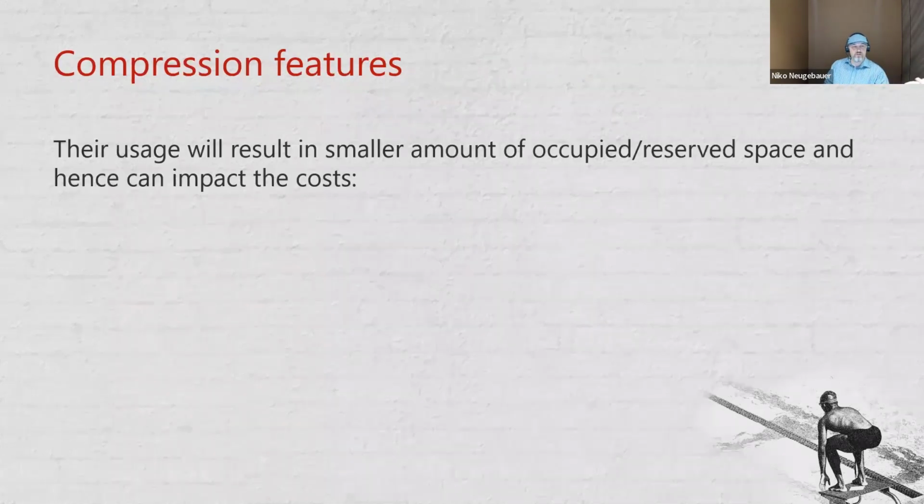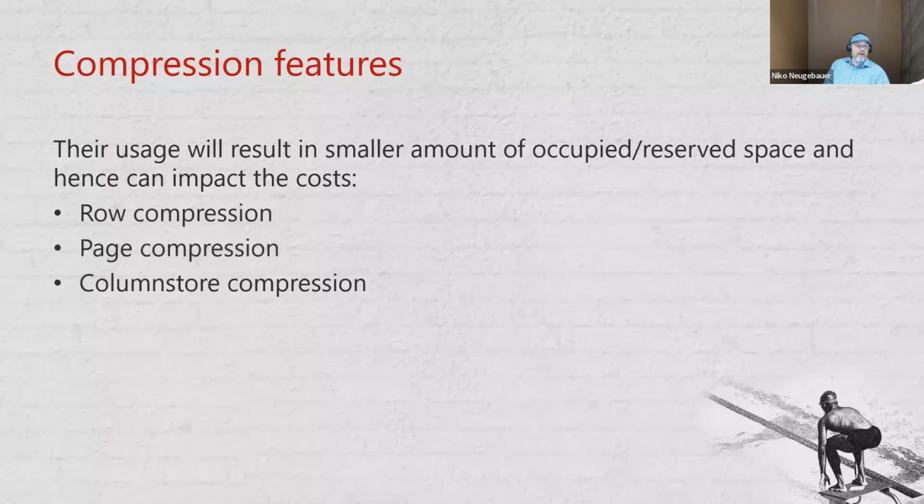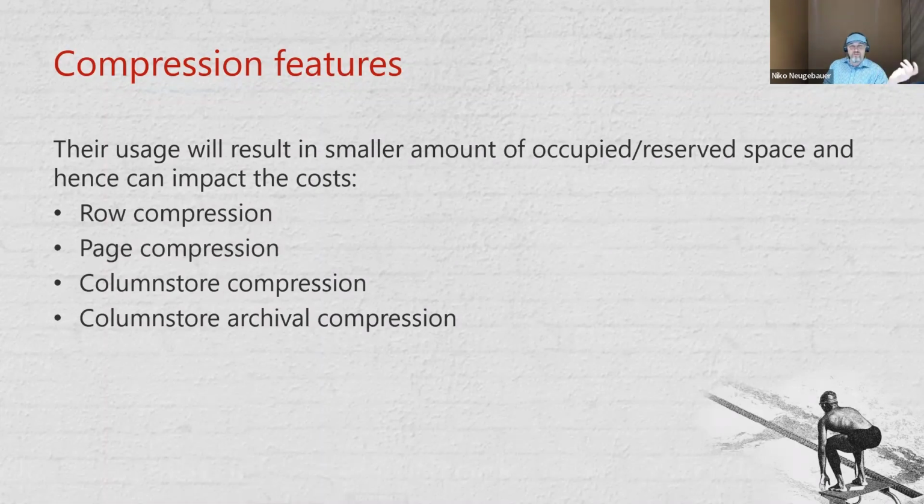So compression features. Use row, page, columnstore archival compression, because you can compress your data. It will be more efficient, more performant, right? Because reading from disk is still the slowest element of the query processing. Typically, there are exceptions if you have a bad query, right?